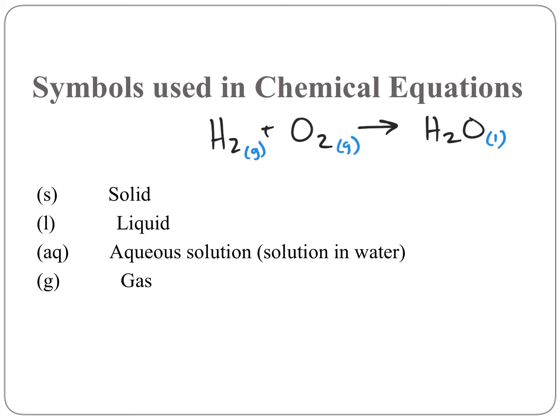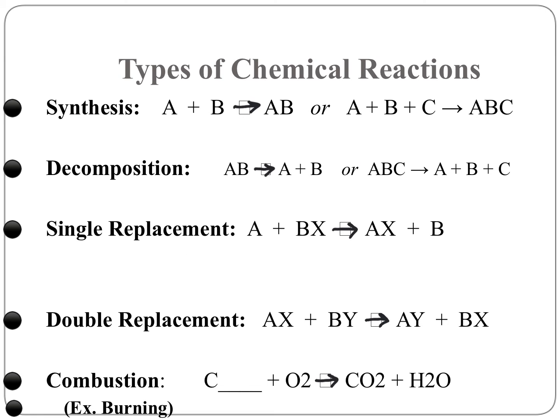Now, our main goal for today is to learn these different types of chemical equations. You got synthesis, decomposition, single replacement, double replacement, and combustion. So I have right here a little generic equation for each.